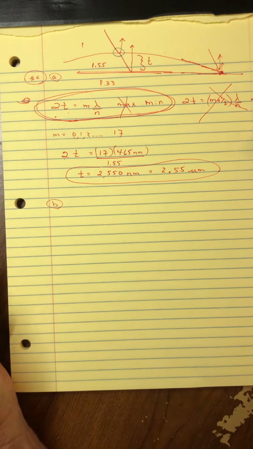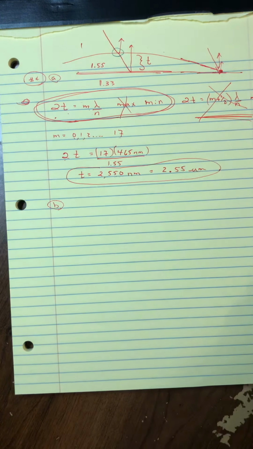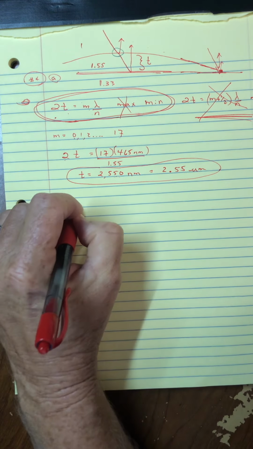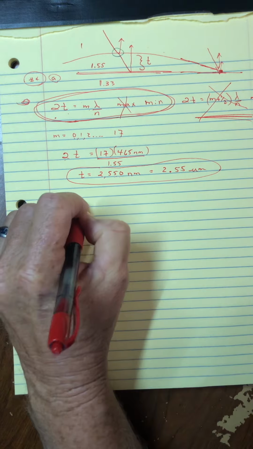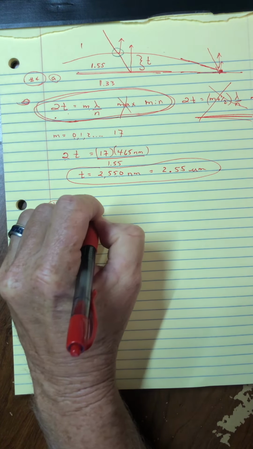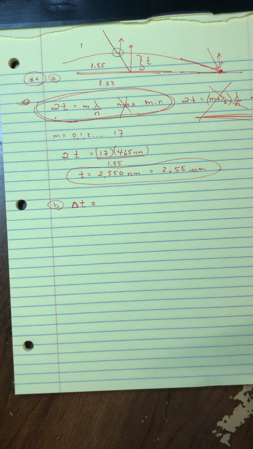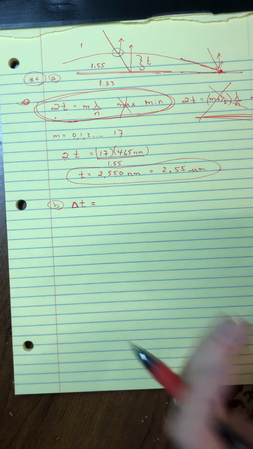So there's a couple ways we could do this. We could just use this equation if we so desired. I'm just going to do it more conceptually, and so I'll go delta T. In other words, how much did it get thicker by?